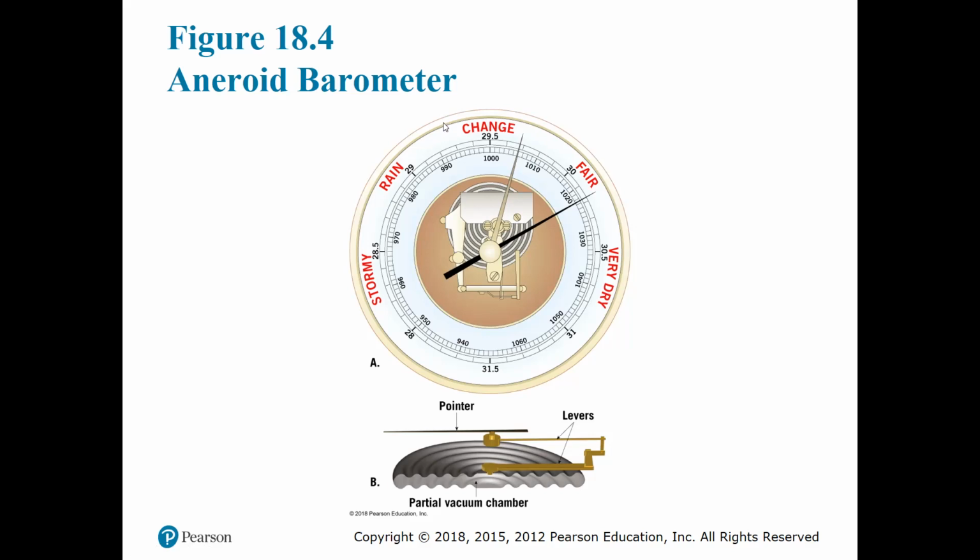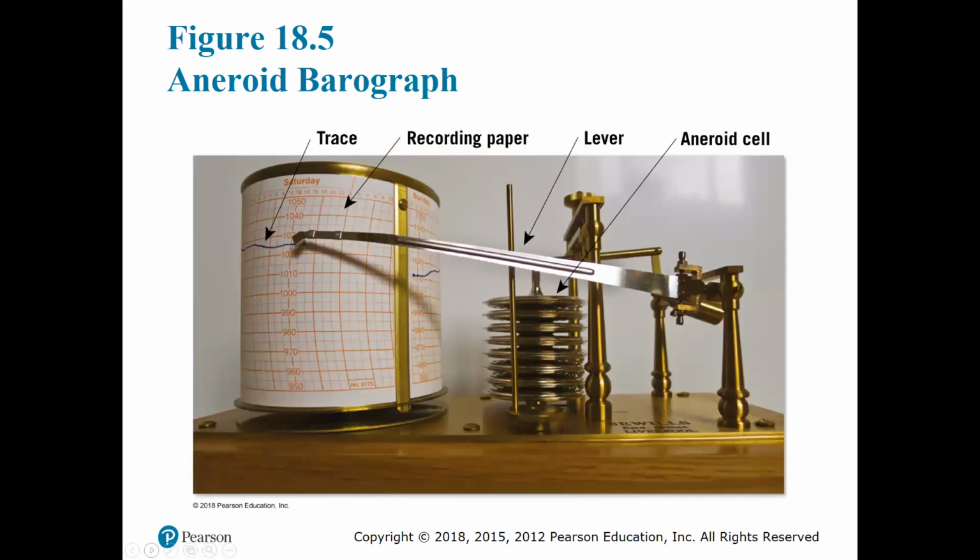And that's why you've got over here the higher pressure, fair and dry, and over here on the left, the lower pressures, stormy and rainy. The other thing about an aneroid barometer is that it can be hooked up to a recording paper, so the changes can be graphed over a given period of time.